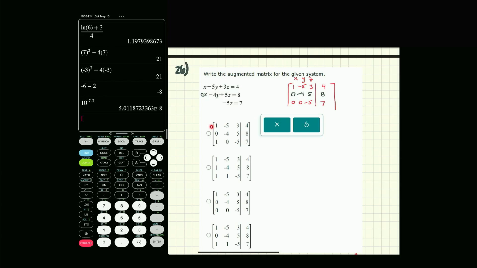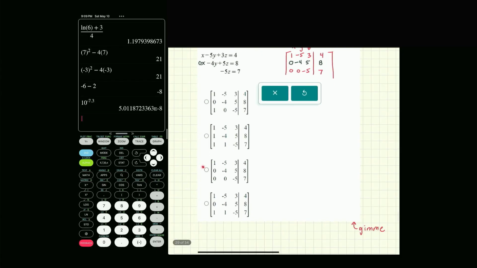1, negative 5, 3, 4. 0, negative 4, 5, 8. 1, no, so that does not match because we had a 0 here. So that's not it. This one is not it because it also has 1s here. Looks like C. C is the only one that matches.